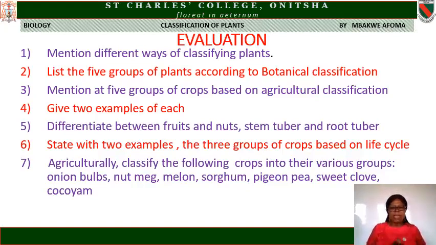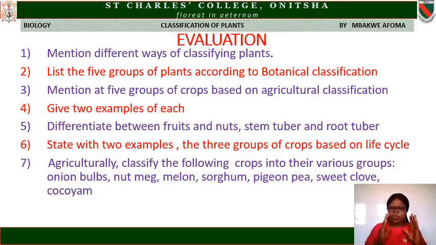Now, answer these questions. 1. Mention different ways of classifying plants. 2. List the 5 groups of plants according to botanical classification. 3. Mention at least 5 groups.